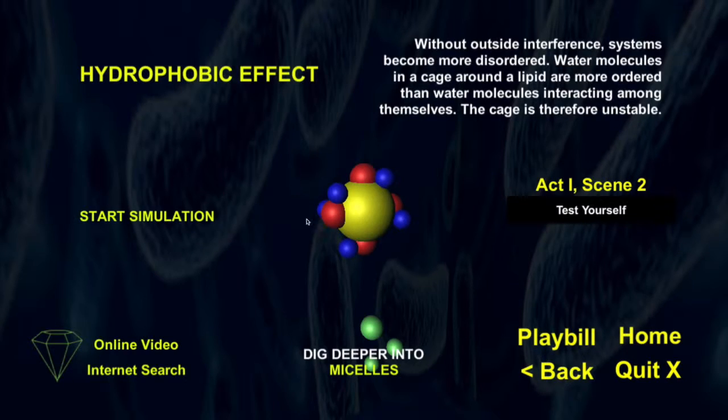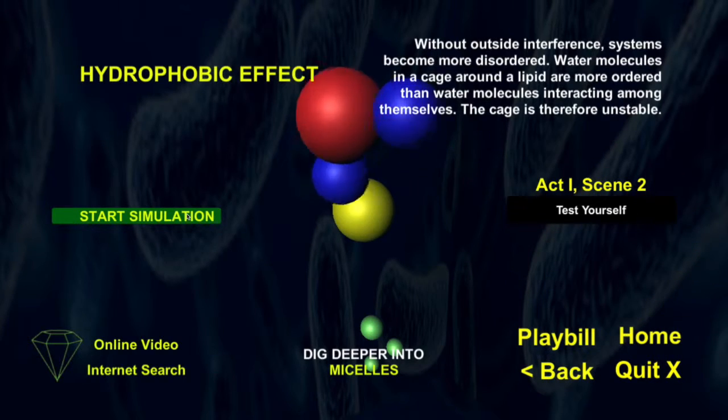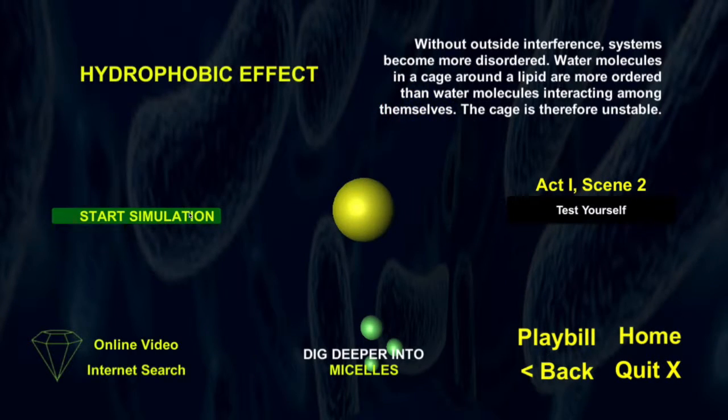The display illustrates a simple lipid molecule surrounded by 4 water molecules. The water molecules are in a very fragile state, connected to each other by these electrostatic bonds we call hydrogen bonds. The water molecules encircle the lipid.